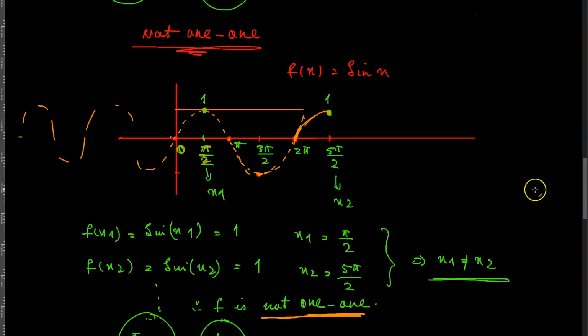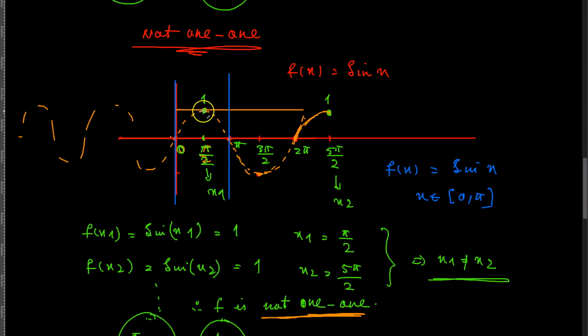But now suppose that I consider only this part of the function, meaning that f of x is equal to sine x, where x lies between 0 and pi, meaning that x belongs to the set 0 to pi.